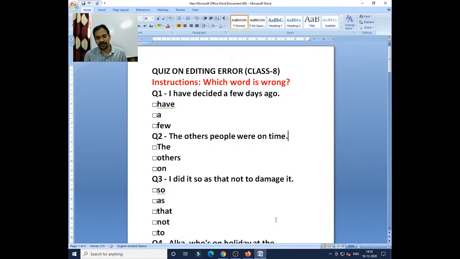Clear? Question number 1. I have decided a few days ago. The options given are have, of, and few. You pick out the word which is wrongly used in the sentence. First of all, the answer has been given by Sandhya Mulchandani.